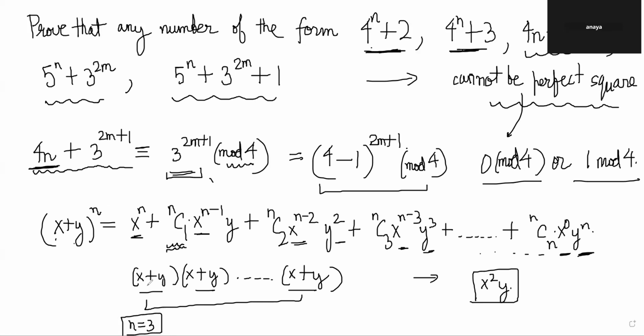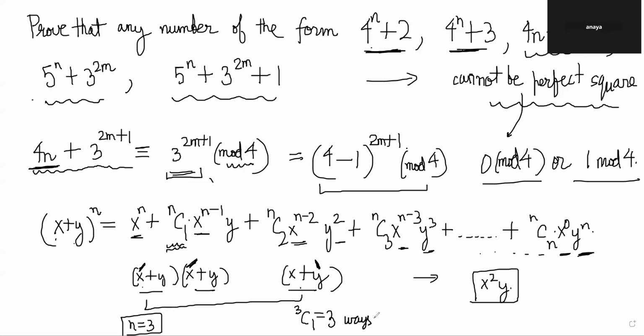To make an x square y term out of these three brackets, out of the three brackets, in two of them you have to select x, and in the remaining bracket you have to select y. So how many ways can you do that selection? Out of these three brackets, you have to select one y, so 3C1, equal to three ways.